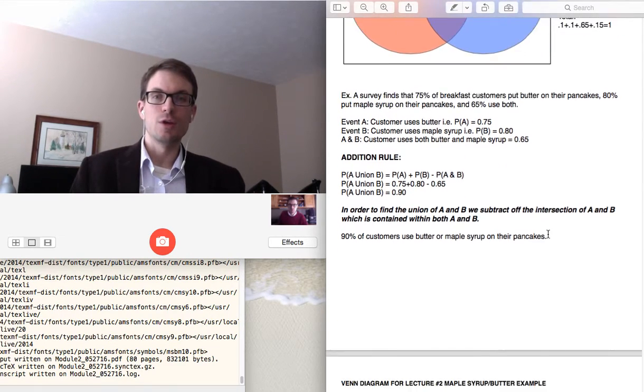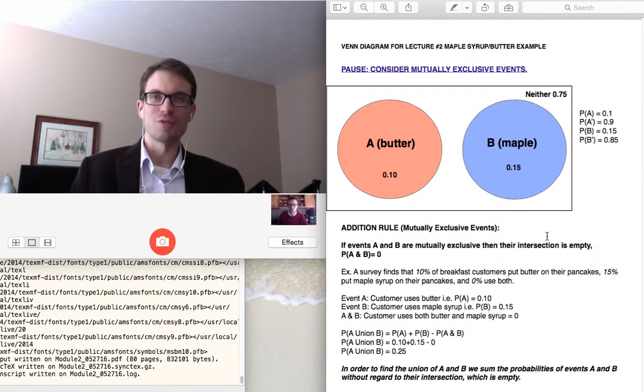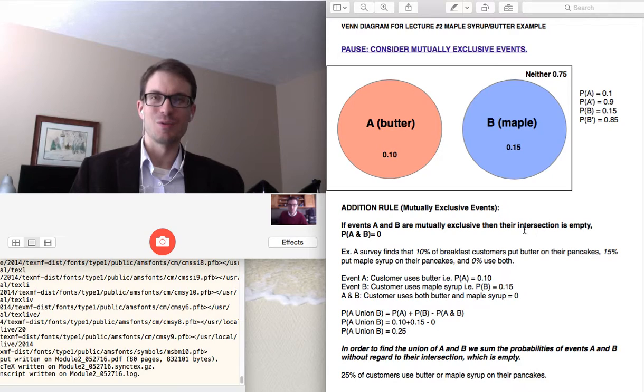Okay, so suppose we want to consider a situation where we have mutually exclusive events, where we have an empty intersection, we have disjoint sets. In order to make this happen, what I did is I left the probabilities of those who use only butter and the percentages of those who use only maple syrup the same.